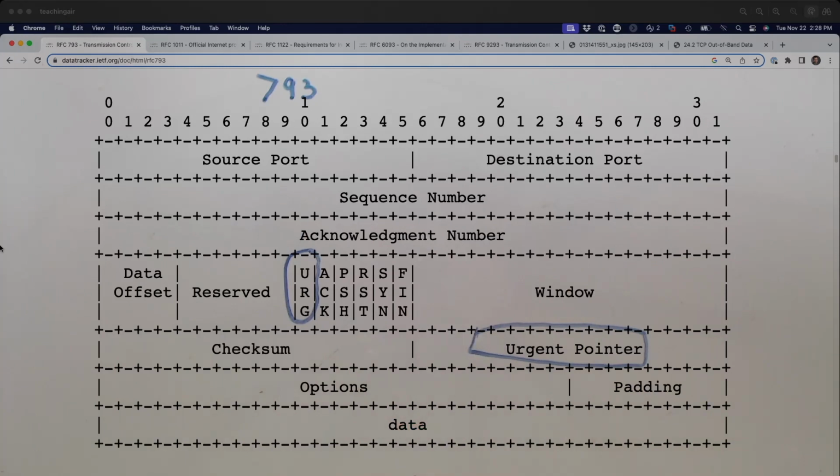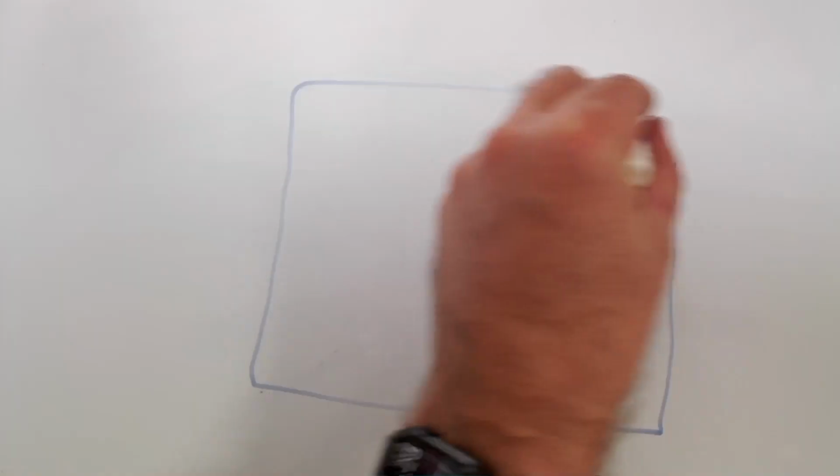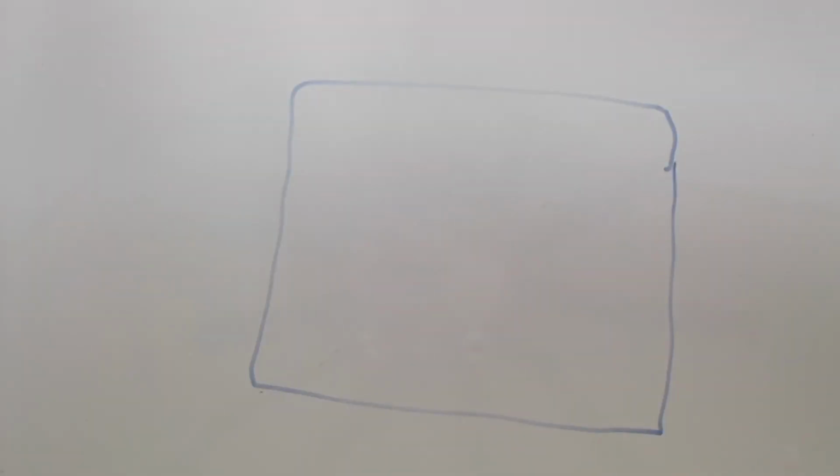So how does this work? Remember, we're trying to prioritize that Control C. The way this is supposed to work, let me switch back to a simple whiteboard. We have our log file that we sent, and that log file is split into different packets, and then we are sending the Control C. At the time when we are sending the Control C, part of the log file has already been transmitted.